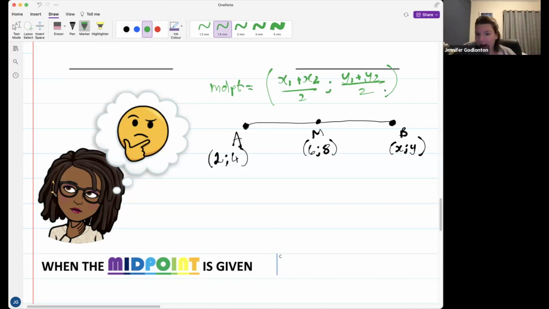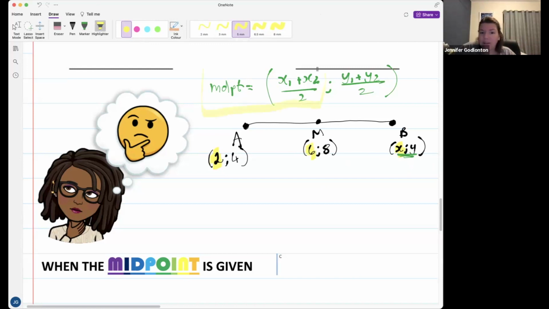How do I figure out how to use that formula to get these x's and y's? What's the first thing I'm going to want to do? Yeah, exactly. I'm going to substitute the values. So I'm going to substitute what I know and what I'm trying to figure out.